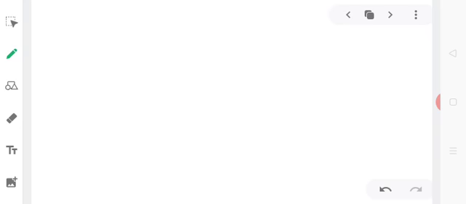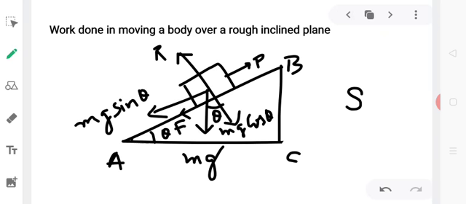Then work done is equal to P into s, and P, if you can check the diagram, P should be equal to how much?